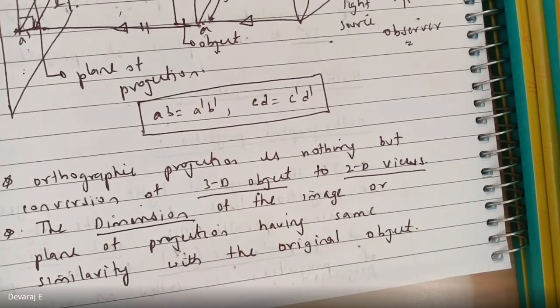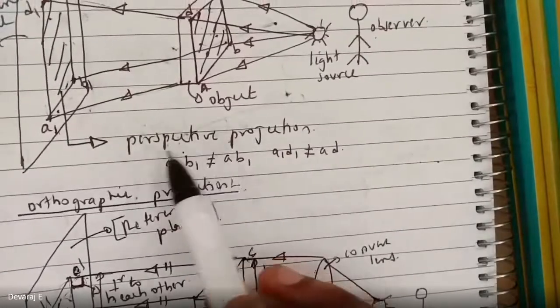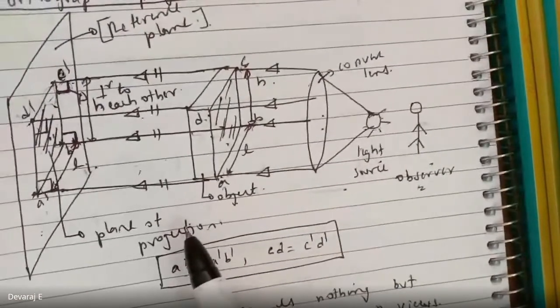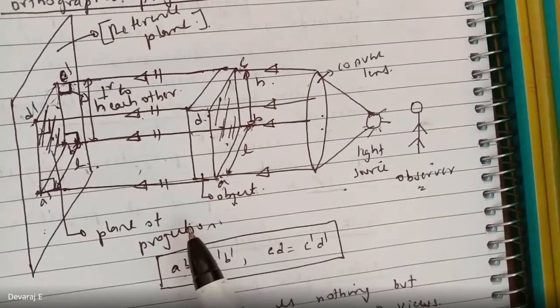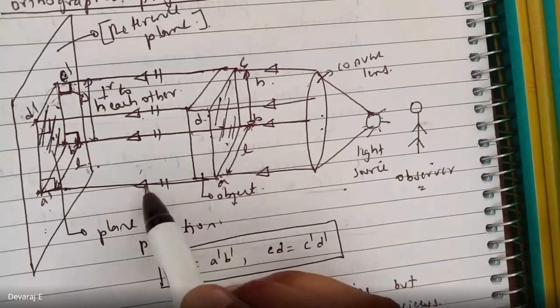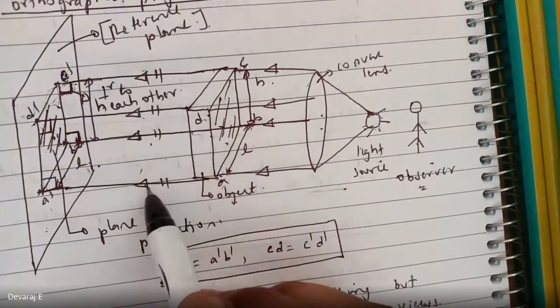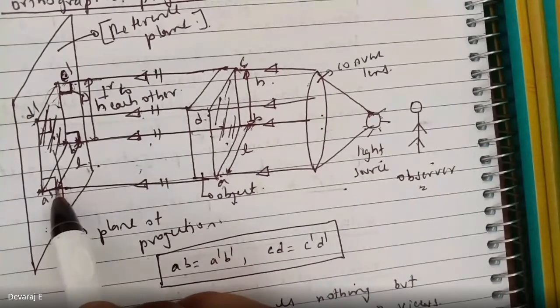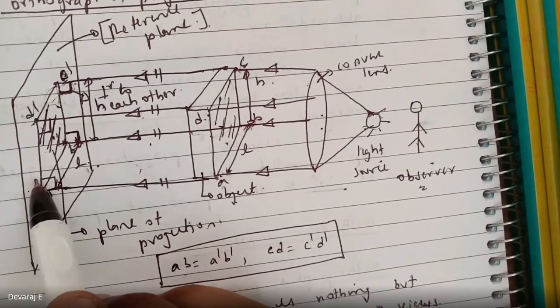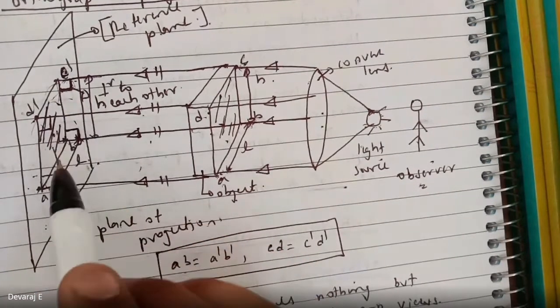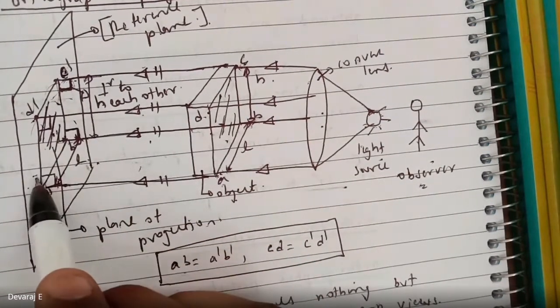Does anyone have any doubt till this? Did you understand the difference between perspective projection and orthographic projection? Always the projectors will be parallel to each other, and the projectors falling on the reference plane, that is the plane of projection, will be perpendicular to it.